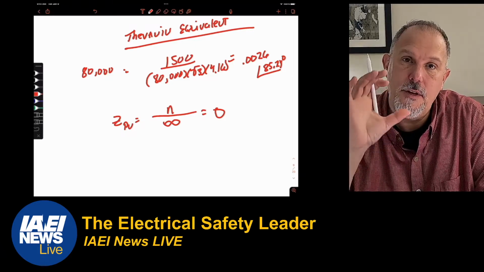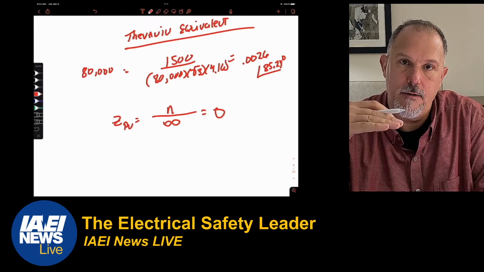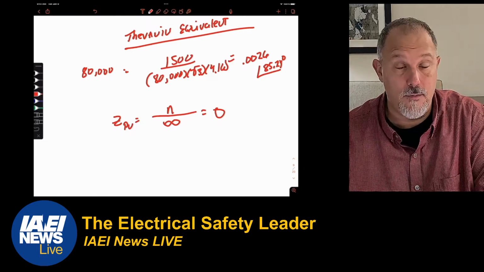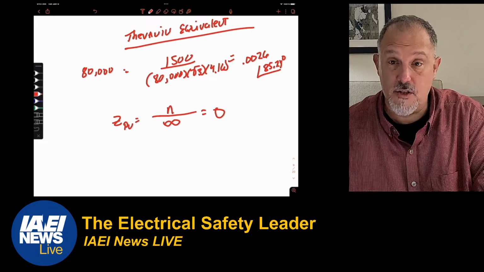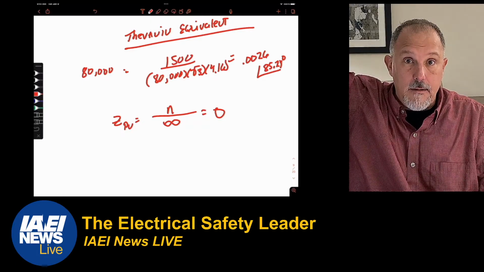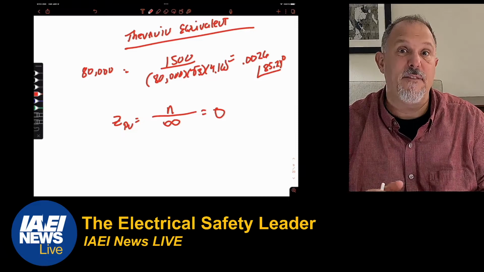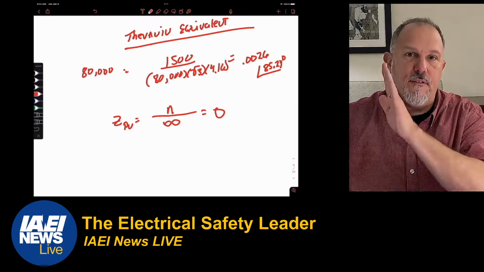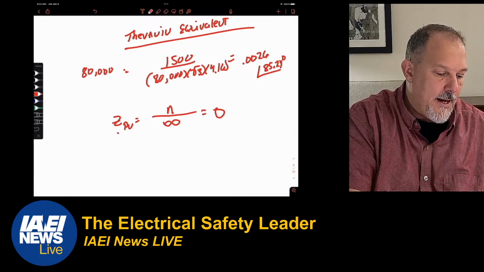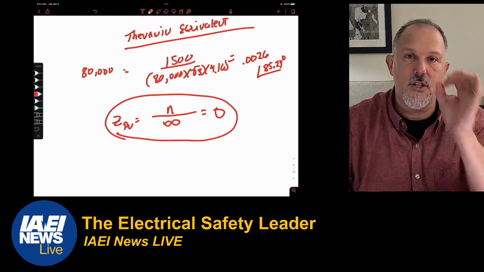The larger the number in the denominator, it approaches 0. The smaller the number, it approaches infinity. But when I say an infinite bus, I have an infinite amount of fault current available from the utility. My utility impedance goes to 0.